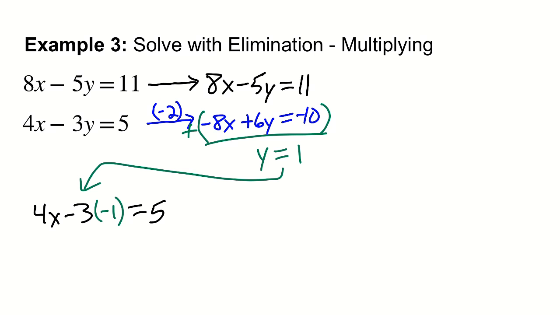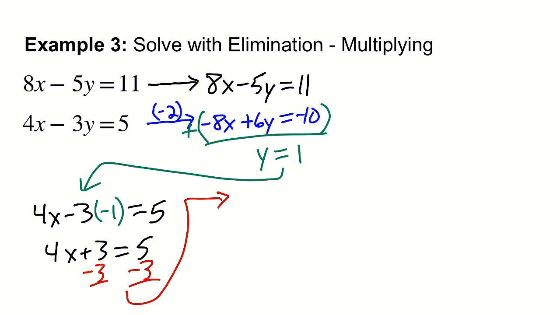Now, my -3 times 1 is -3, so I have 4x plus 3 equals 5. I'm going to get my 4x by itself by subtracting 3. When I do that, I get 4x equals 2.